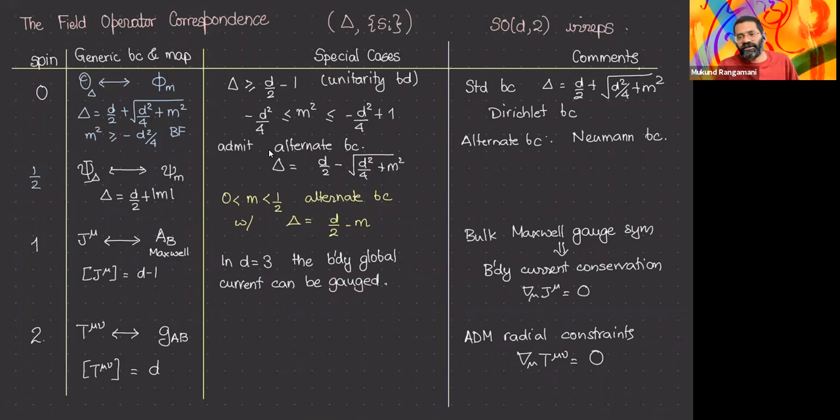So this is another exception in my list. In fact, it's also true in D equals 2. In fact, in D equals 2, it's the only thing that's allowed. In D equals 3, you're allowed to gauge the boundary current.